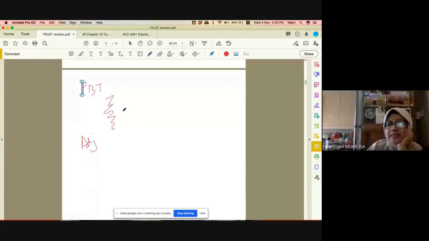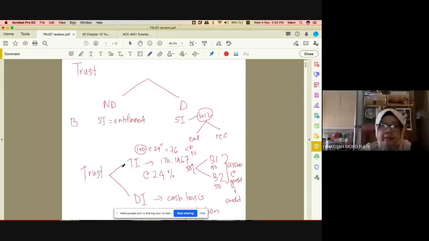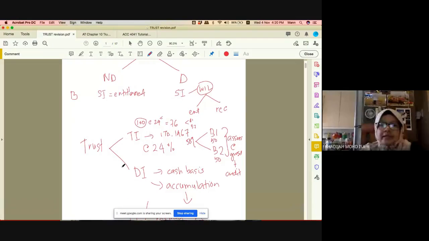Students may think that the expenses are allowable or non-allowable, or maybe there is an adjustment. So you have to decide on this part in order to compute the trust income correctly. So that is a revision. I think that is all about the trust. Anything that I missed?